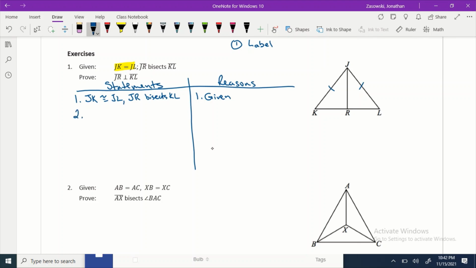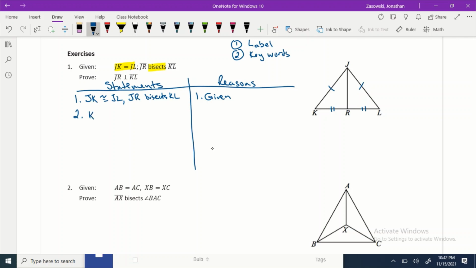Okay, step 2. In our proof, we want to look for keywords in the given. See the word bisects. That's going to create a new statement for us. So what does it mean to bisect? We're cutting in half. What are we cutting in half? KL. So if I cut KL in half, I get these two segments equal.